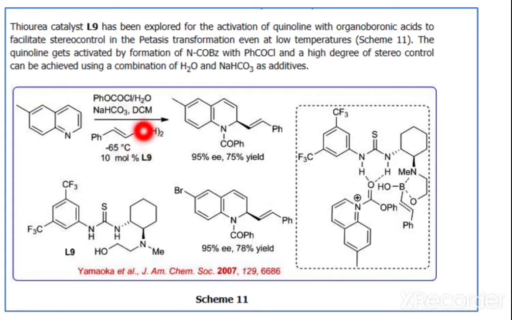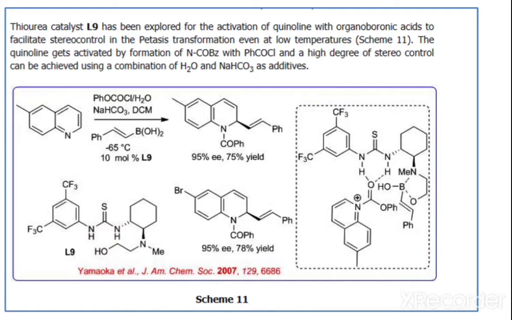Now in the next step there is addition of this boron. It takes place at the alpha position, and here we get 95% enantiomeric excess and 75% yield of this product. Here the different products are also given, and here L9 is the organocatalyst used.